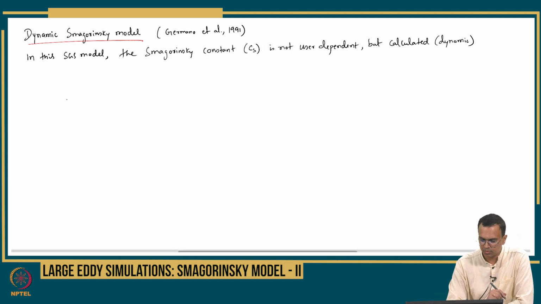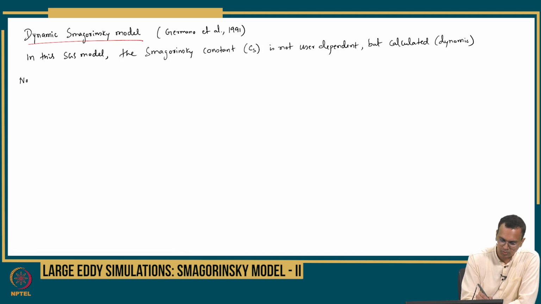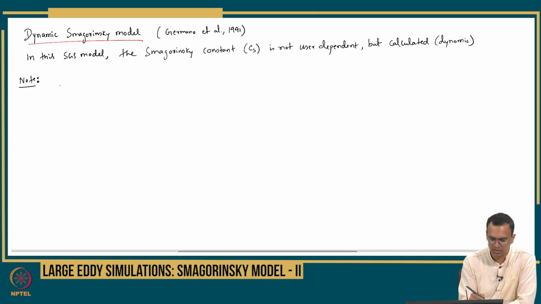So this particular approach, where the model constant in the SGS model is computed rather than fixed by a user, is also used in other modeling approaches. For example, you can take a note. We'll not go into these models, but the concept is similar.